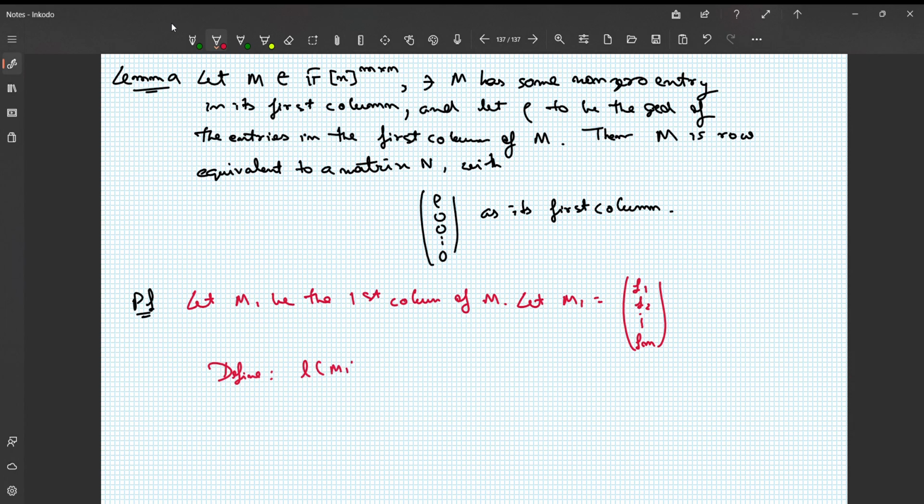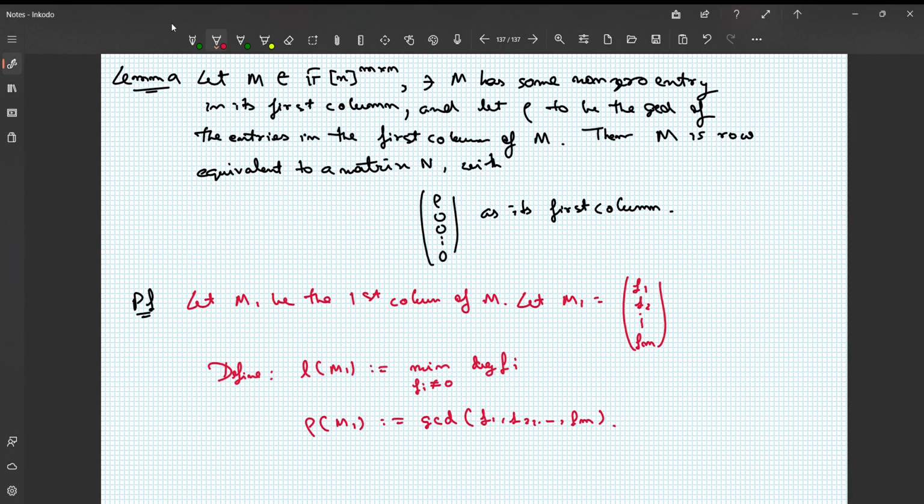We define two important quantities. One is L of M1, which is defined to be the minimum of the degrees of these polynomials Fi, obviously for all Fi non-zero. And then we define rho of M1 to be the GCD of these polynomials F1, F2 till Fm.